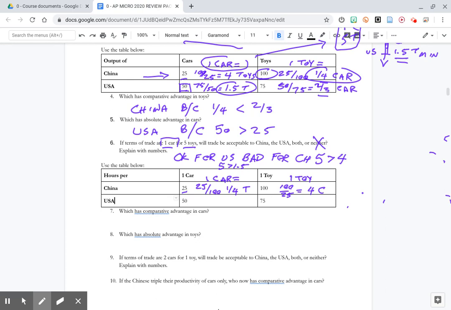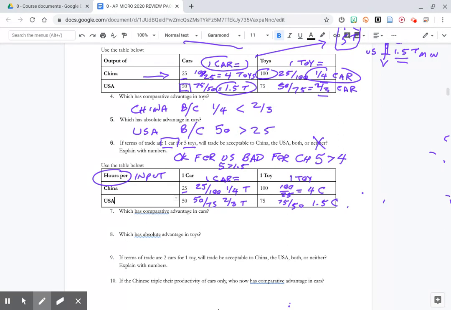So in this case, we're kind of flipping them around a little bit. And now we're going to do inside number 50 over 75. And so we find that this one is 2/3 of a toy. And then over this one, 75 over 50. And again, inside over when it's an input problem. And we know it's input because it tells us the hours. So this is going to be 1.5 cars.